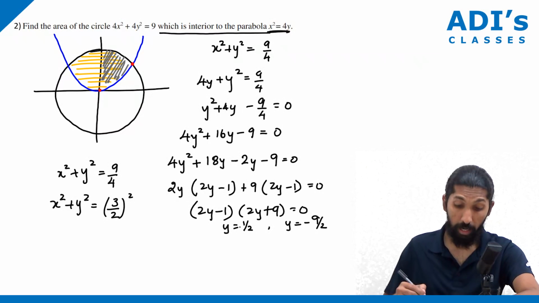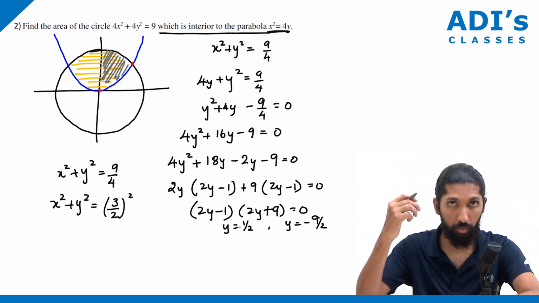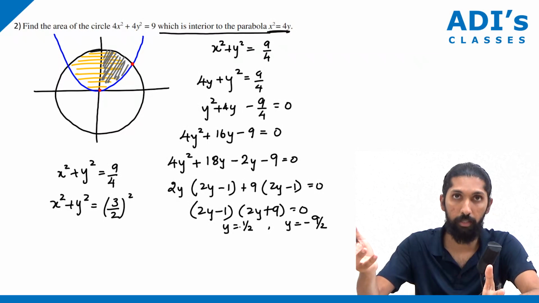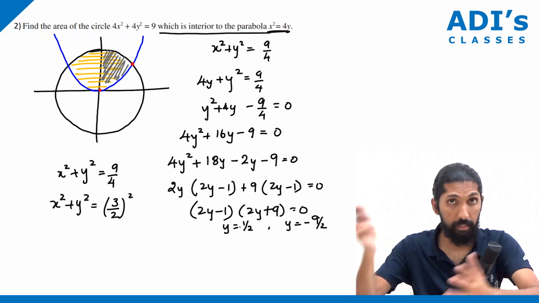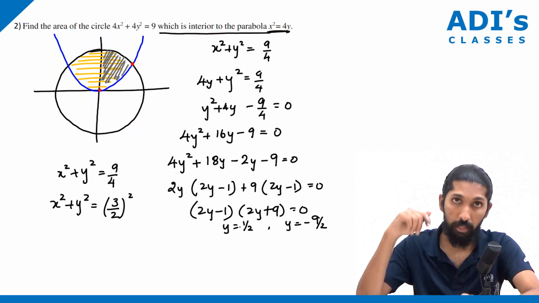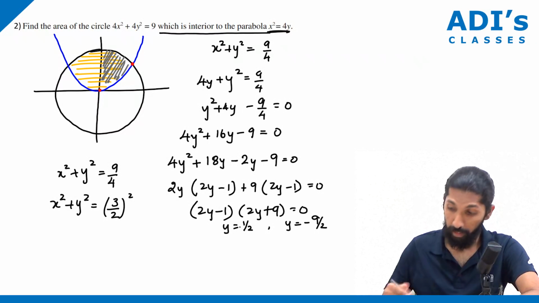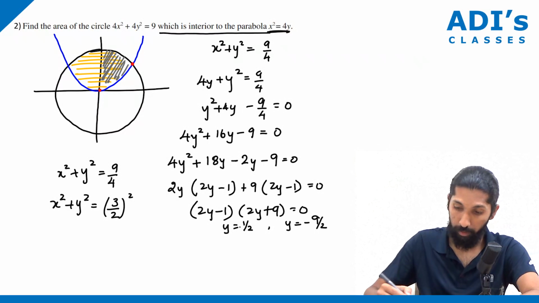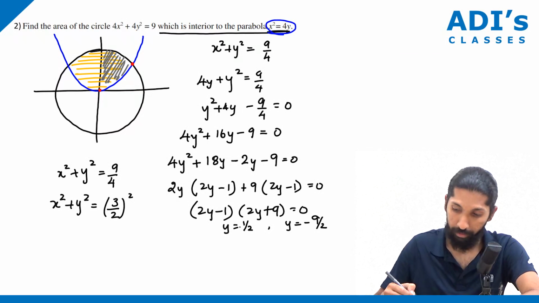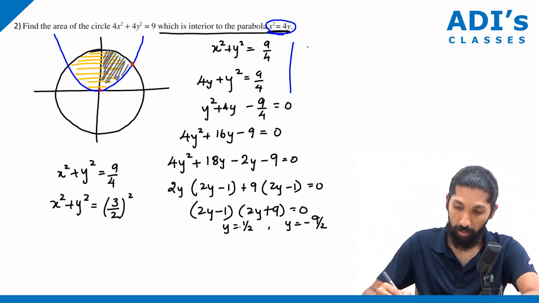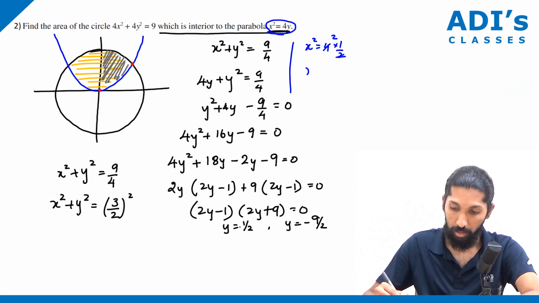When y value is half, it's going to be a positive value. That means on both the sides, you're going to take y value as half. Since y value is half, we'll substitute that over here. X square is equal to 4 into half, which is 2.